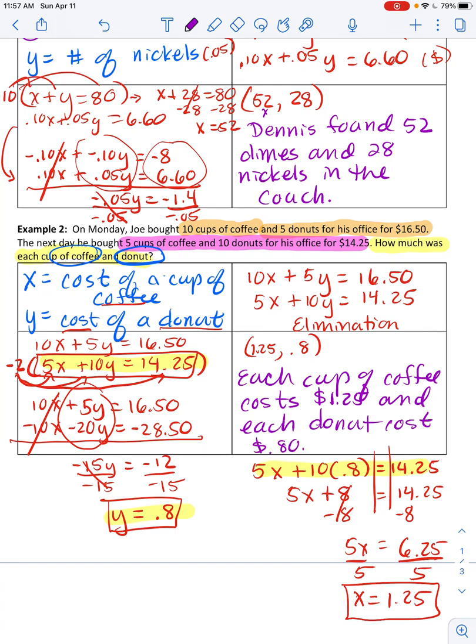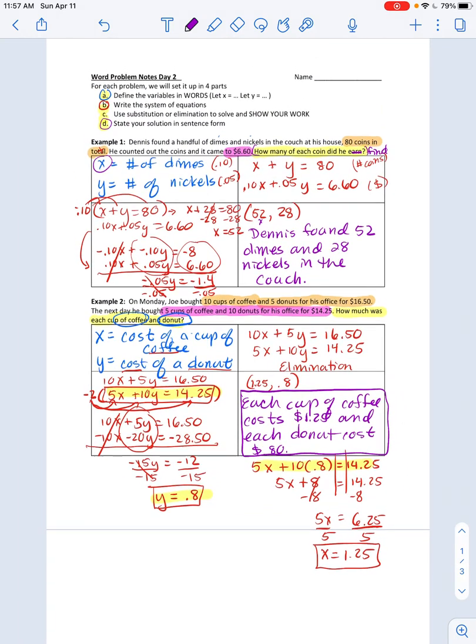And I'm done. So even though I have just a really easy answer in the end to explain, I have to do an awful lot of work setting it up and solving using the skills we learned before.